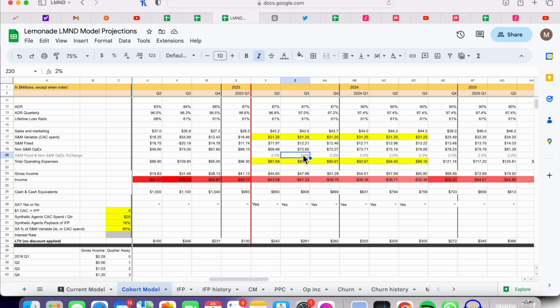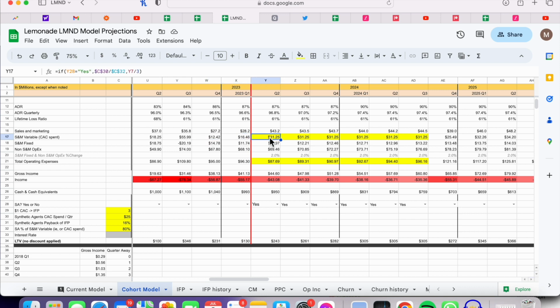If you change this to 5%, it's going to affect these two numbers as a fixed baseline of operating expenses, and hopefully we get a lot of operating leverage. And then sales and marketing variable, I have being spent here in the past as a third of the premium that they're gaining.